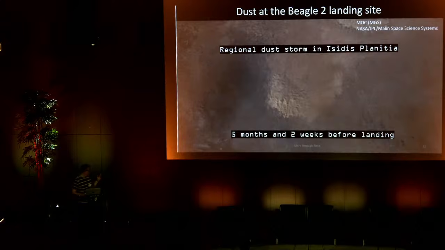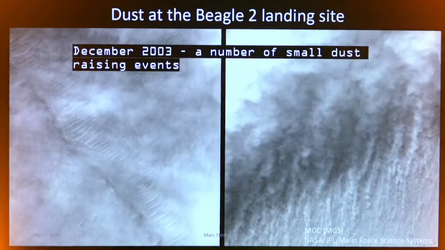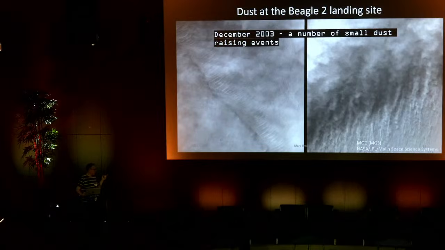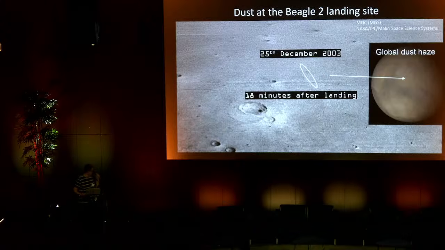This shows some dust activity a few months before the landing. This shows some small dust lifting events in the southern hemisphere at the time of the landing, and I didn't know about this before we published the paper, and this might have some relevance to interpreting the strange inferred wind direction in the PBL.